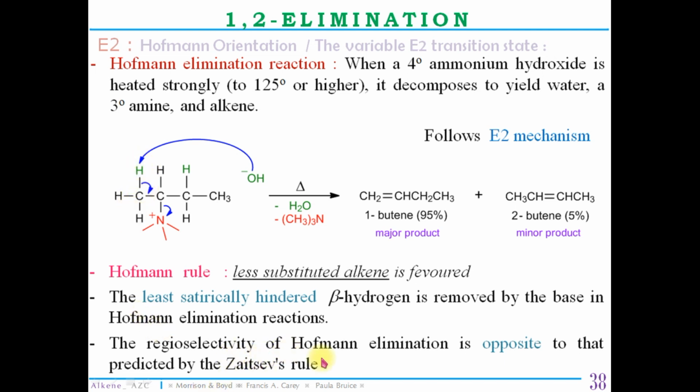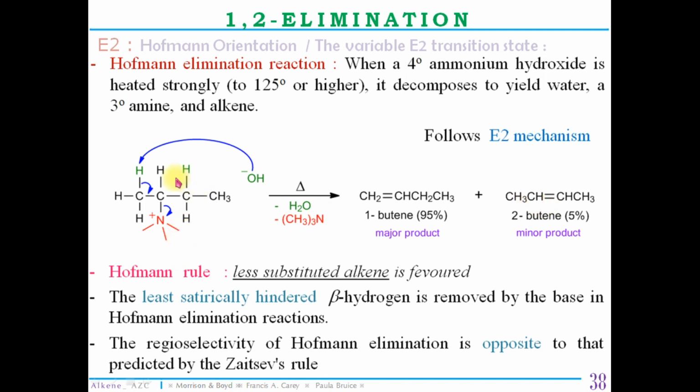The regioselectivity of Hofmann elimination is opposite to that predicted by Saytzeff's rule. We have seen in Saytzeff's rule, hydrogen is preferentially abstracted by the base from the carbon which has fewer hydrogens. In Saytzeff's rule, the base abstracts hydrogen from this carbon, where we get 2-butene as a major product, which is the more substituted alkene.